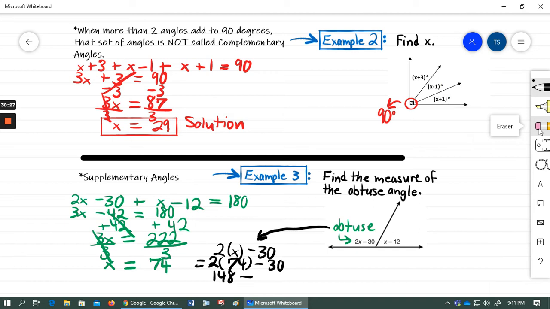Yeah, that is just as sloppy, but it's all good. Got 148 minus 30, which gives us 118 degrees. That is the measure of the obtuse angle. That's our solution right there.